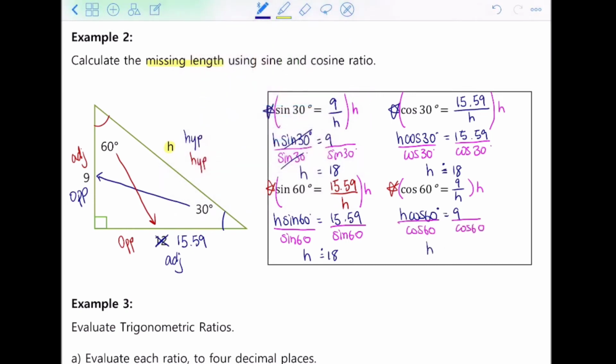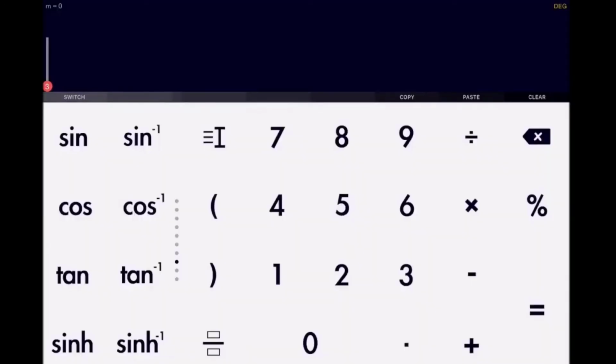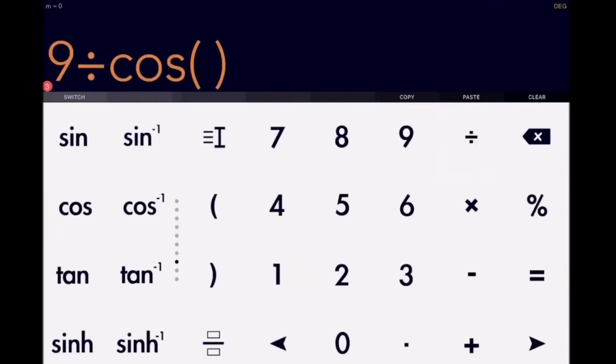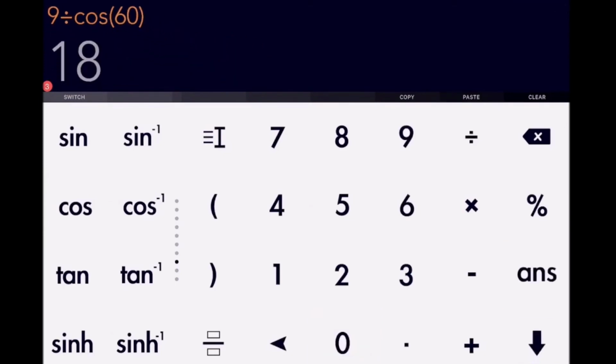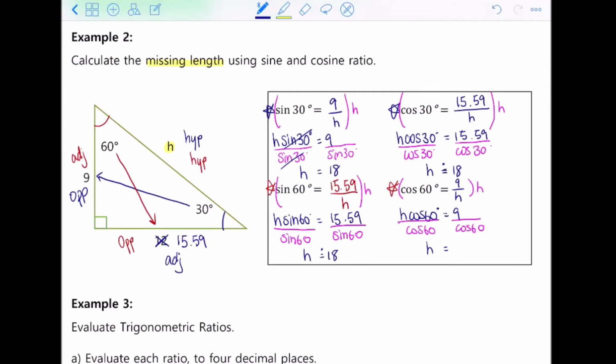So h equals 9 over cos of 60. So 9 divided by cos of 60 equals 18. So h equals 18 exactly. All right, so we have confirmed that h must be equal to 18.